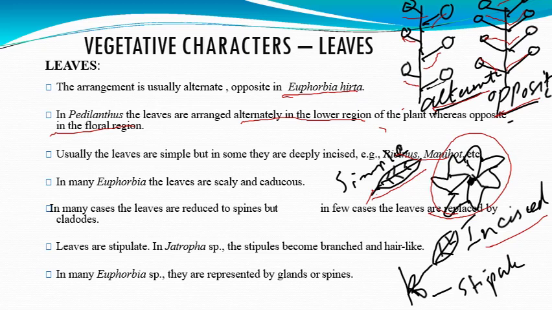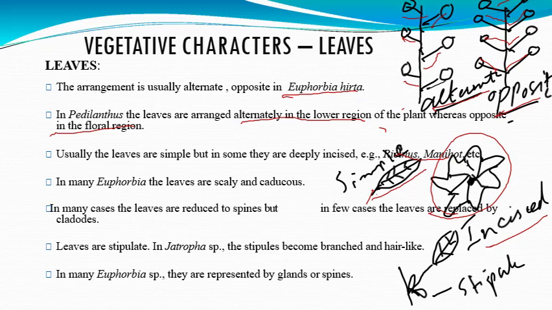In many Euphorbia, the leaves are scaly or caducous. It means that small, undeveloped, colorless leaves without petiole are present, and those leaves we call scale or scaly leaves.